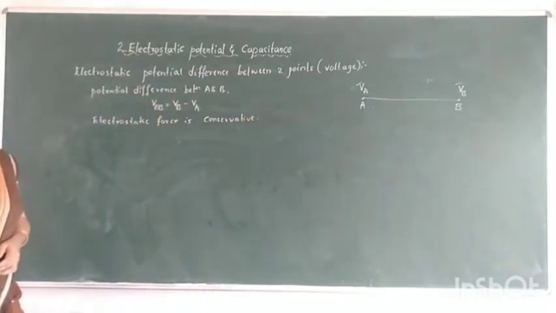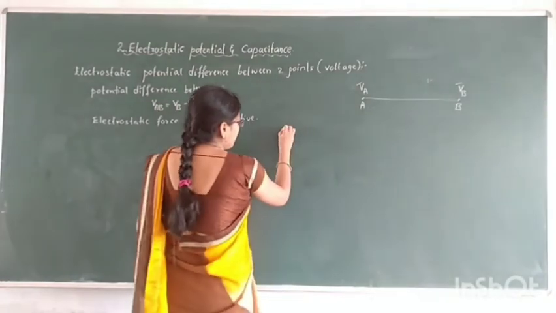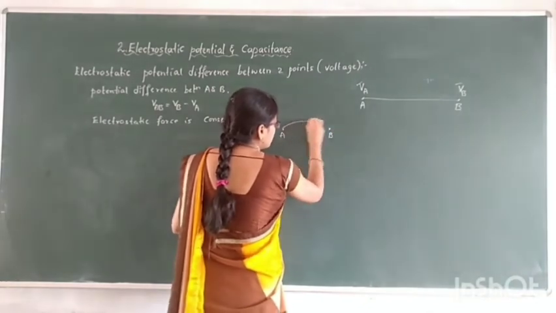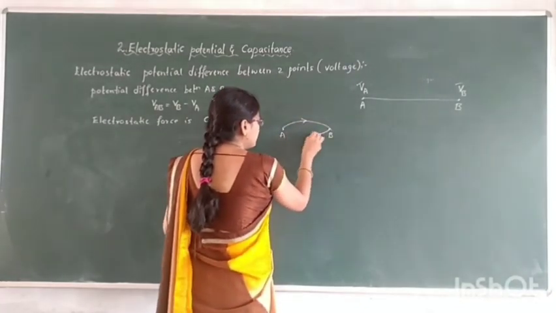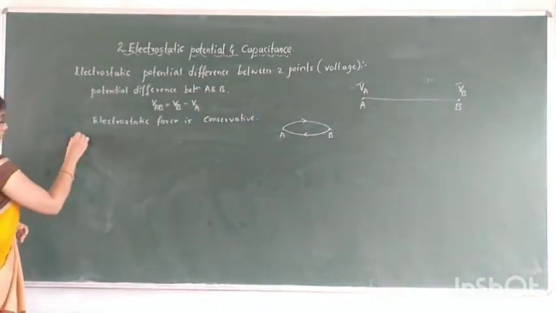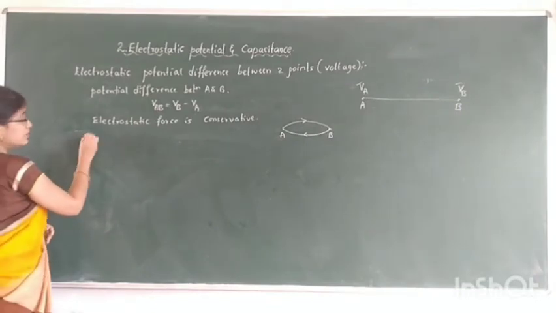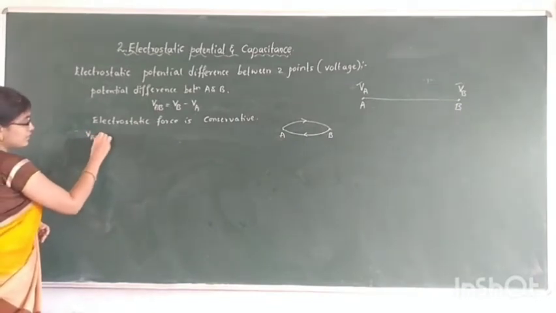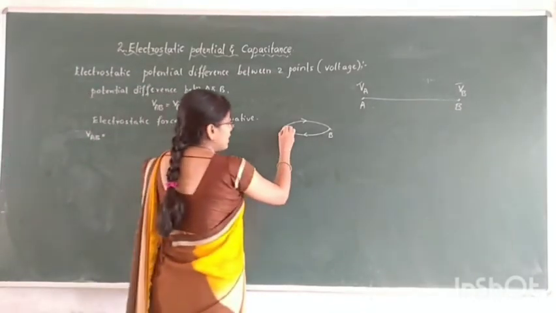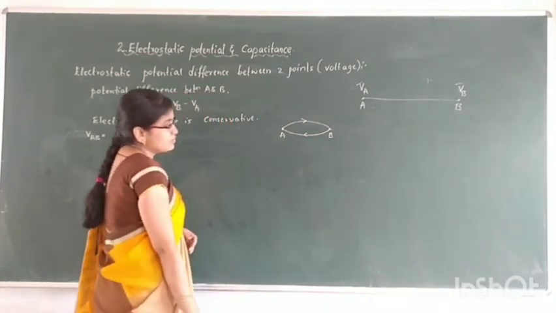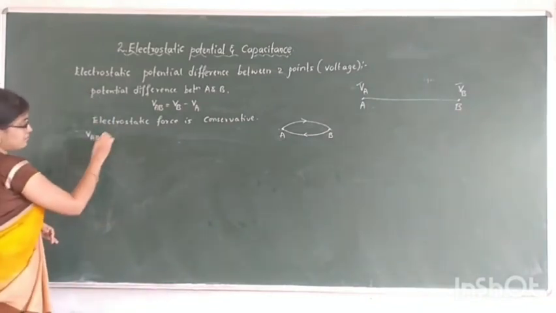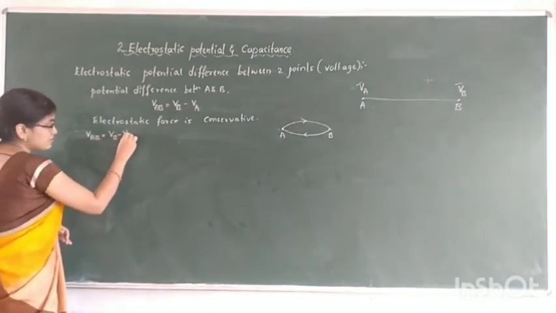Conservative means what? In the same diagram, consider two paths, one from A to B and another from B to A. When a positive charge is moved from point A to point B, the potential difference VAB equals VB minus VA.